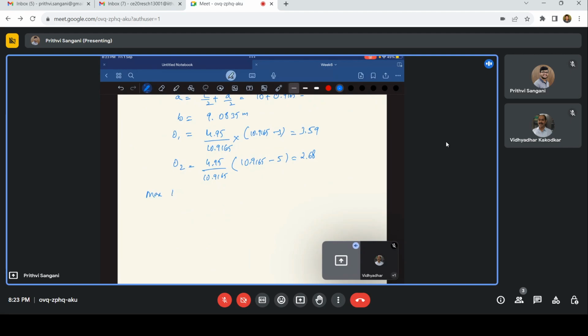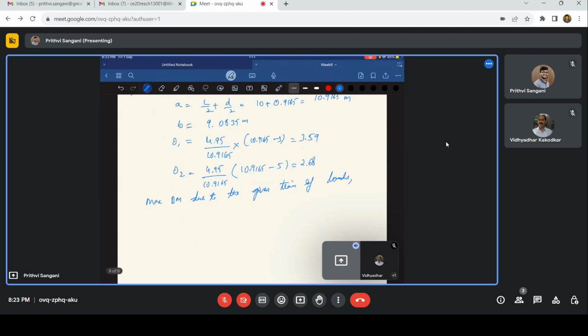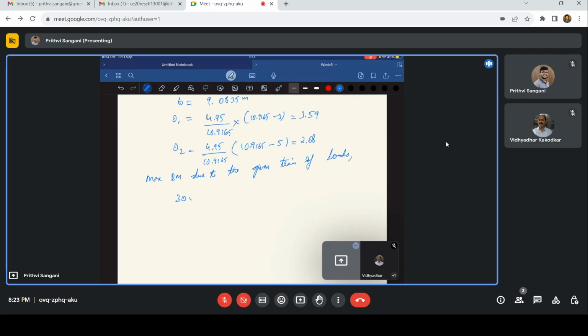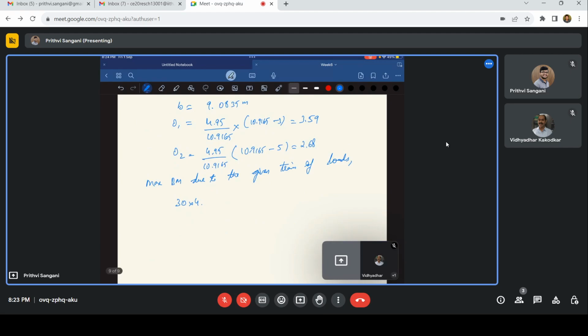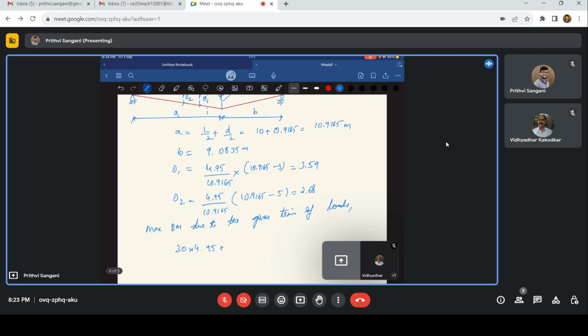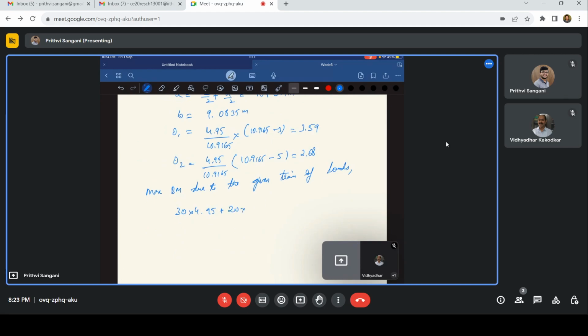So the maximum bending moment due to the given train of loads will be 30 times 4.95 plus 20 times 3.59 plus 10 times 2.68.